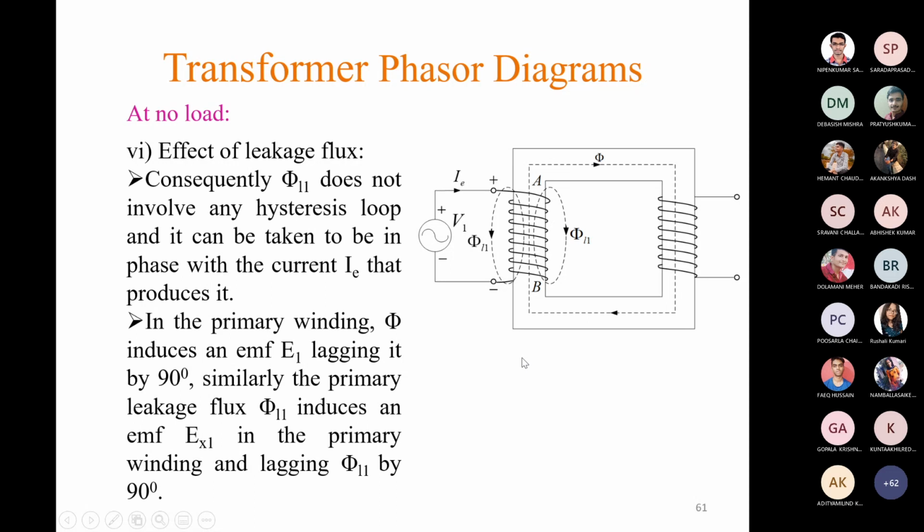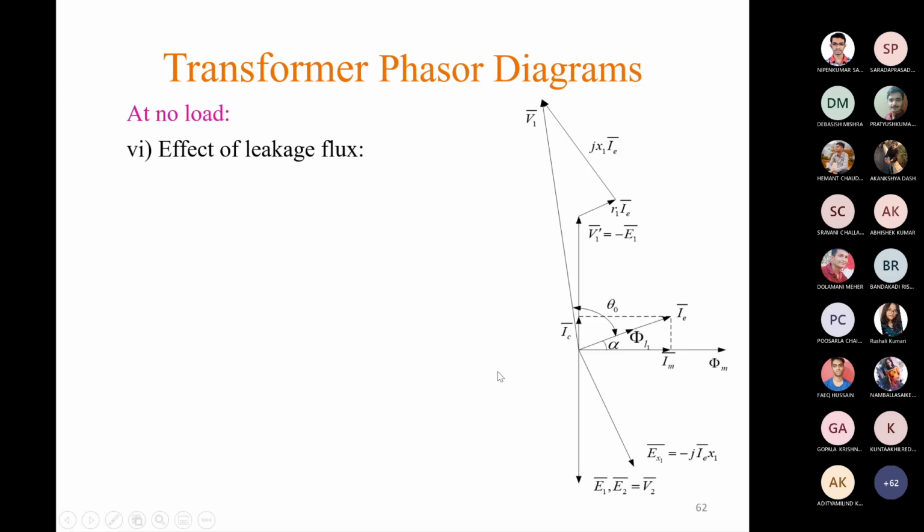Okay, so in this diagram we can see this is the exciting current IE phasor and this is the phi L1 phasor. So that is the leakage flux phasor. Now you know any alternating flux which links with any coil will produce some induced EMF.